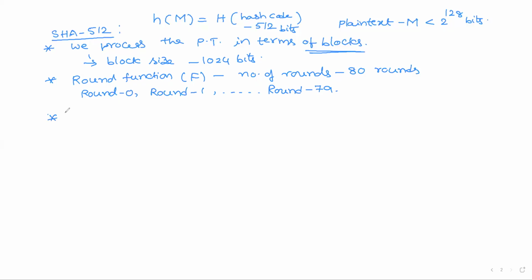Next, in every round of the 80 rounds, we use some words. These words are generally represented with W. For every round, we use one word.